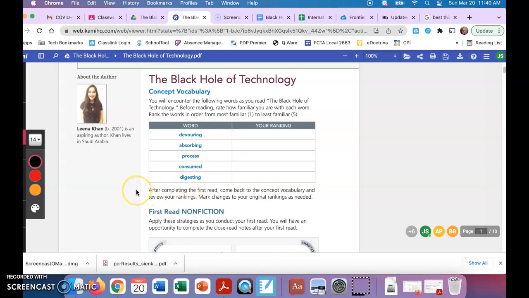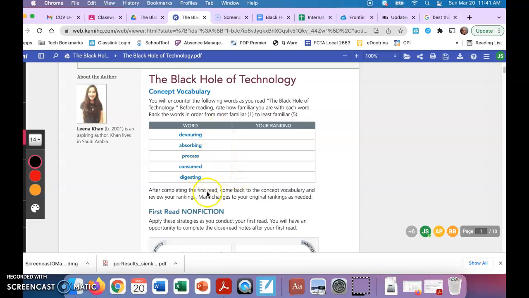Then you're going to think about the next, there's 2 words remaining, and you're going to think about which of those 2 do I kind of know? And you're going to put a 3 next to that one. And then the last word will get the 4.